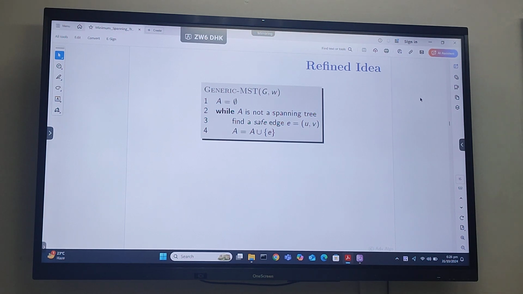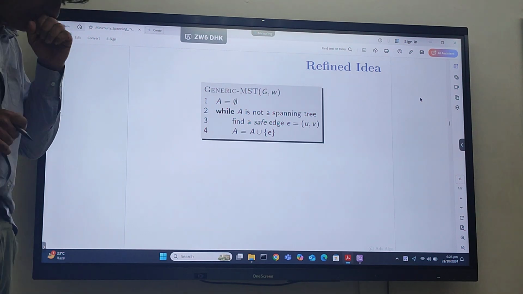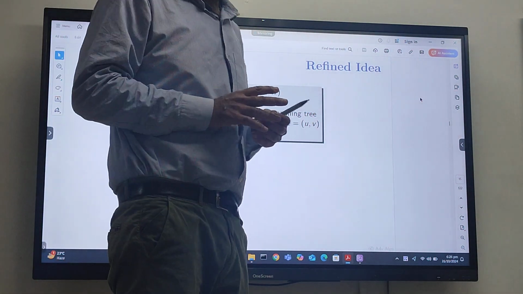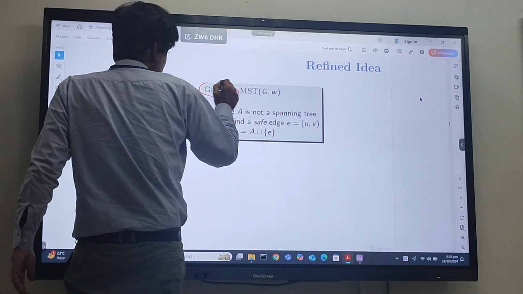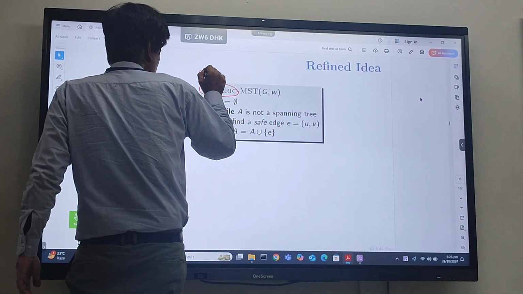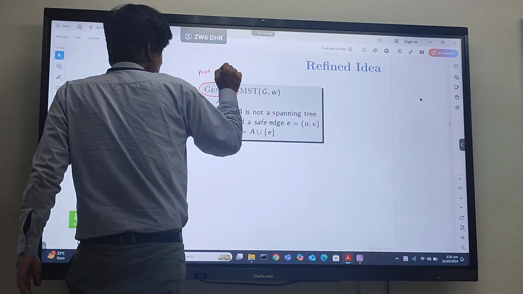So, just as I said, here is the generic MST. Why did I write generic MST over here? Because it's not a concrete algorithm.